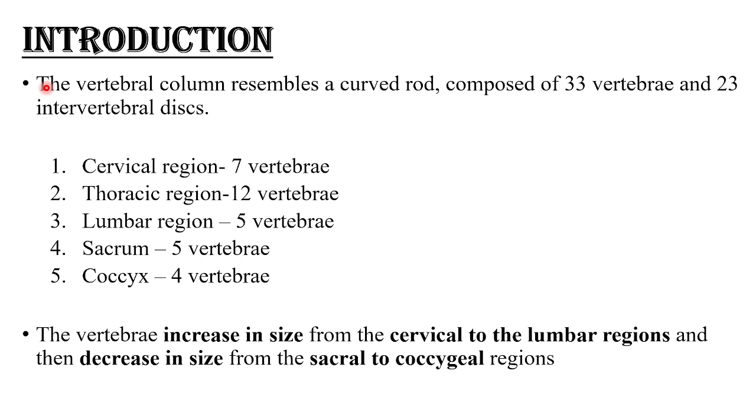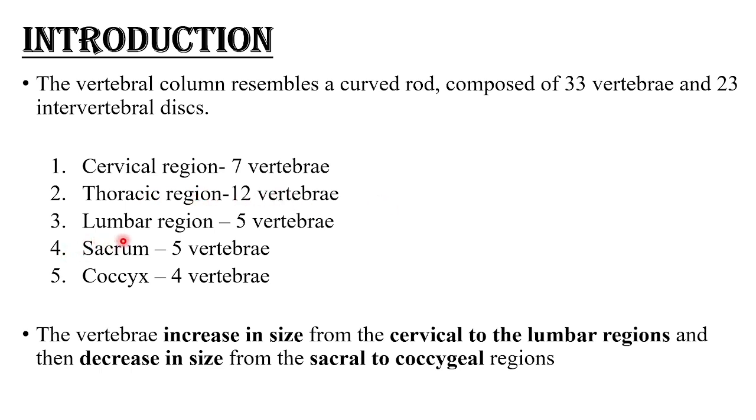So coming to the introduction of the vertebral column, the vertebral column resembles a curved rod and is composed of 33 vertebrae and 23 intervertebral discs, and it is divided into 5 different regions. The cervical region consists of 7 vertebrae. The second region is the thoracic region, which consists of 12 vertebrae.